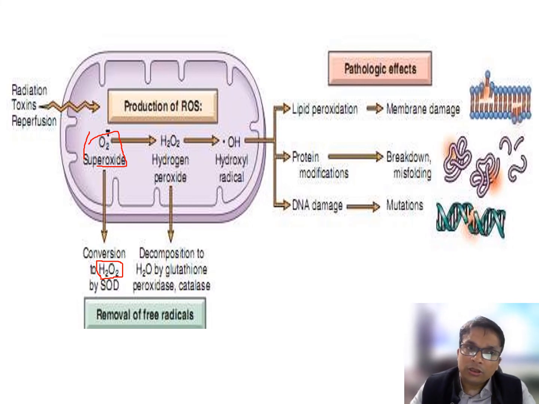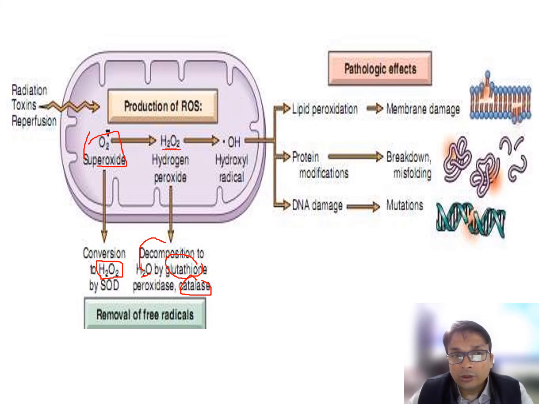If that is not there, this hydrogen peroxide is toxic for our body and results in toxicity. The decomposition of hydrogen peroxide also occurs due to glutathione peroxidase. I talked about catalase enzyme. This will digest hydrogen peroxide into water molecules.